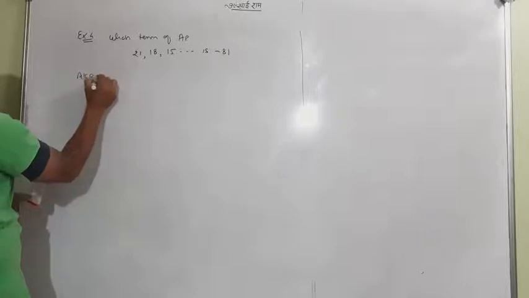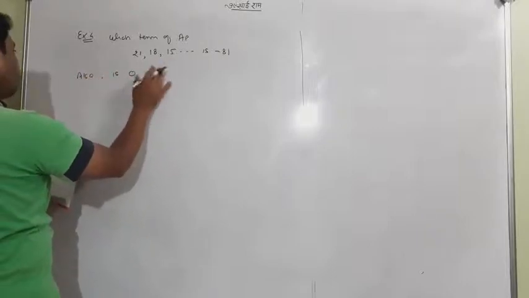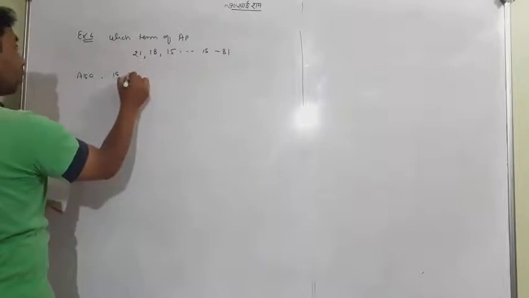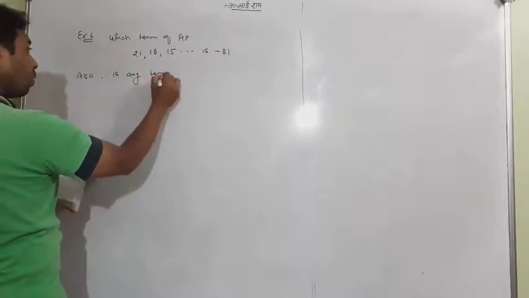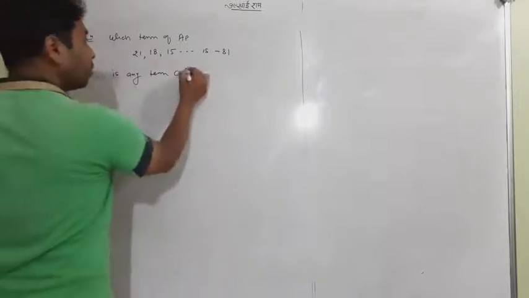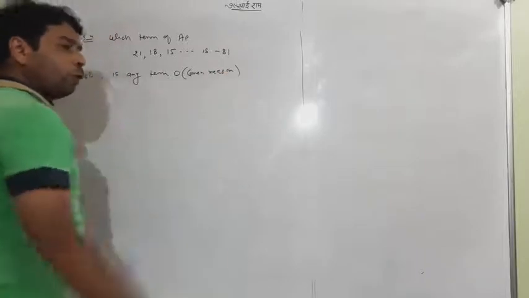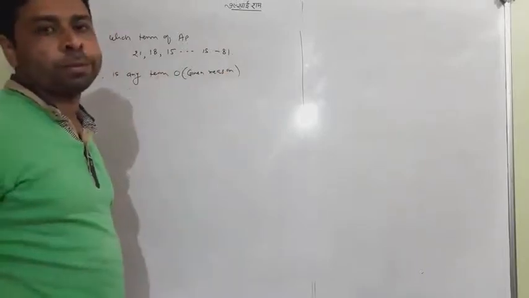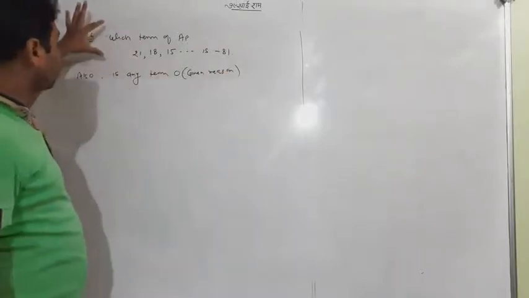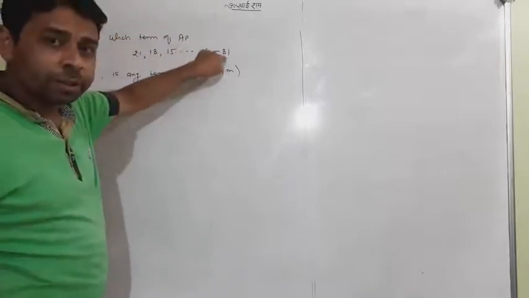Also, is any term 0? Give the reason for your answer. Actually, this question has 2 questions together. So first of all, we'll focus only on the first 2 lines: which term of the AP is minus 81?